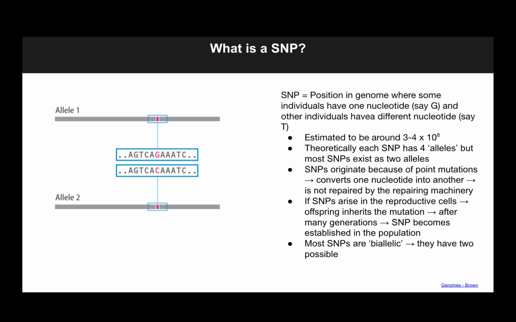It tries to minimize the errors, but because of limited fidelity, it will end up incorporating some error. And if this error happens in your reproductive cells, then the father or the mother can pass the mutation to their children. If this keeps on happening again and again and doesn't get fixed, this particular nucleotide variant will become established in the population, right?